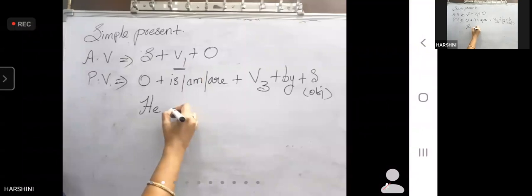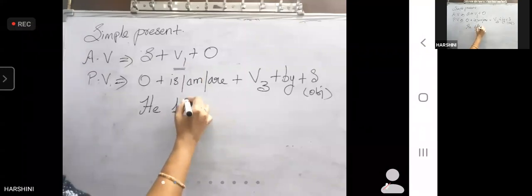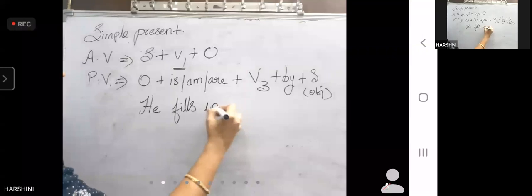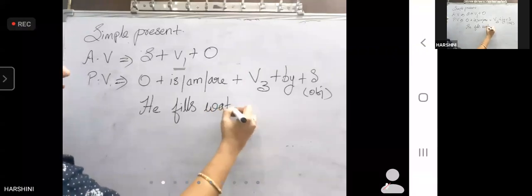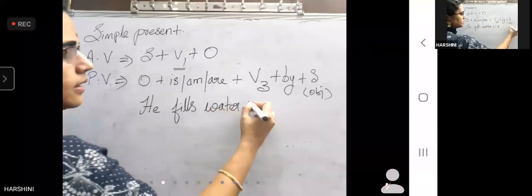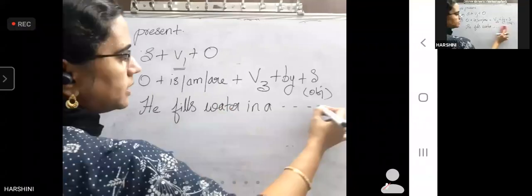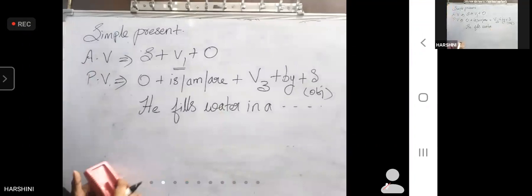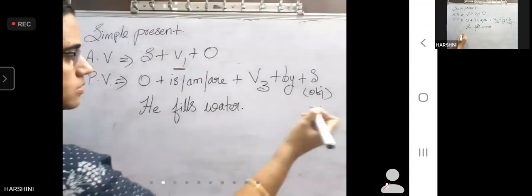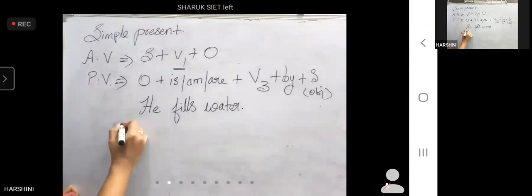He fills water, in a tumbler, glass, or whatever. Okay. Now, he fills water. Let us take simple sentences because the board is not big. So he fills water. Now what's the answer?